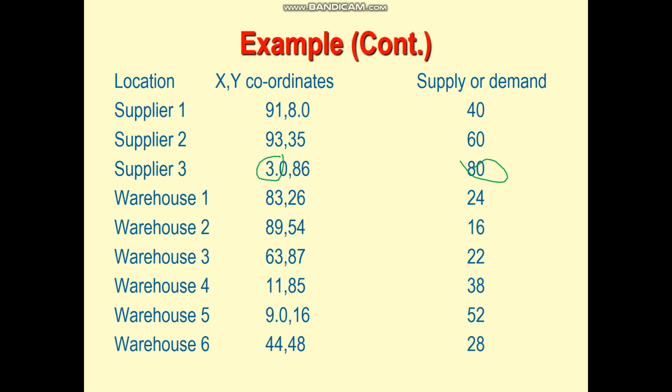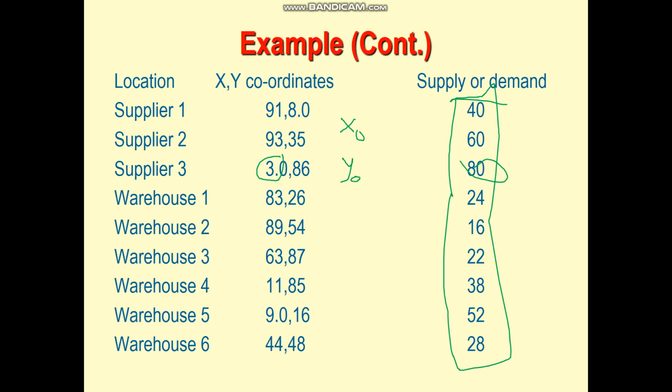Then you divide by the sum of the total expected supply or demand, and that is how to calculate the XO.